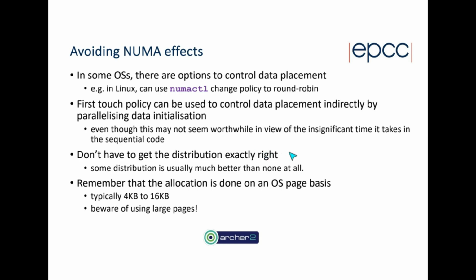So you don't necessarily have to get the distribution exactly right, and there may not be an obvious exactly right distribution for your data. But the point is to get at least some distribution, so that you really are using all the available memory blocks in the system, and not throwing away memory bandwidth.